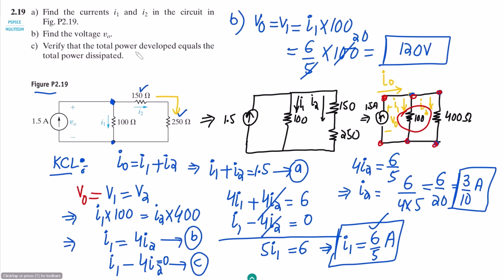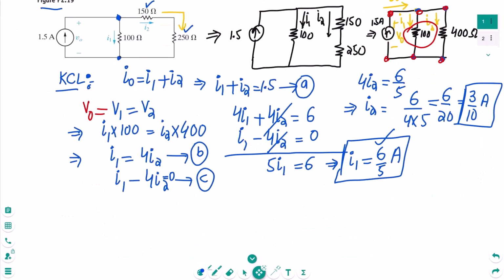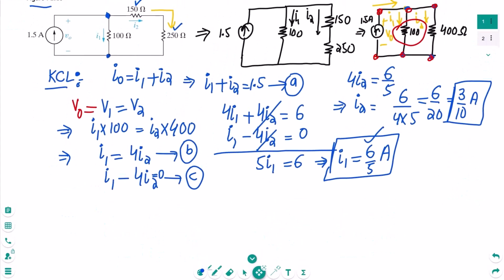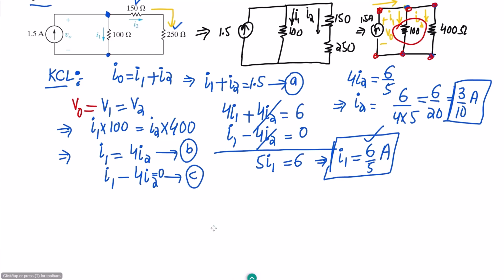Next, verify that the total power developed equals the total power dissipated. Let me move down. First of all, let me find the power developed.